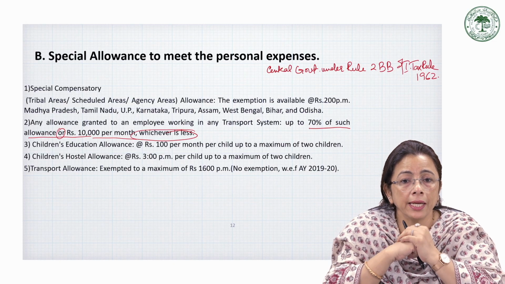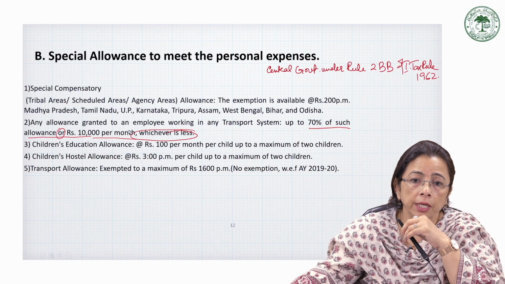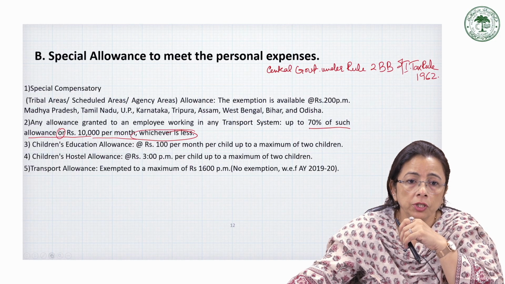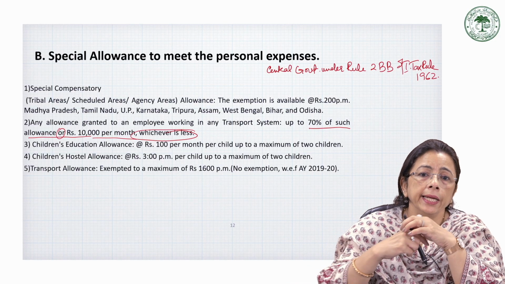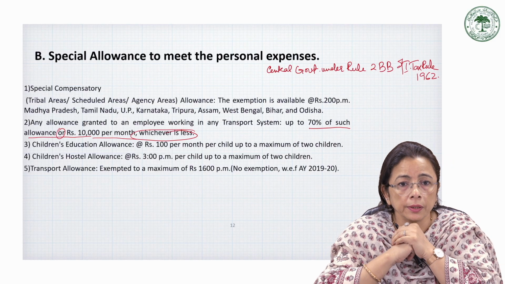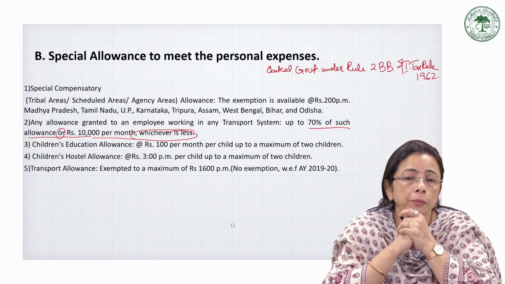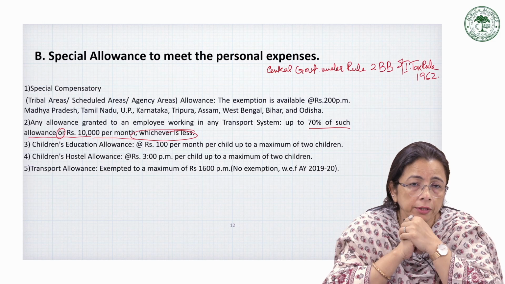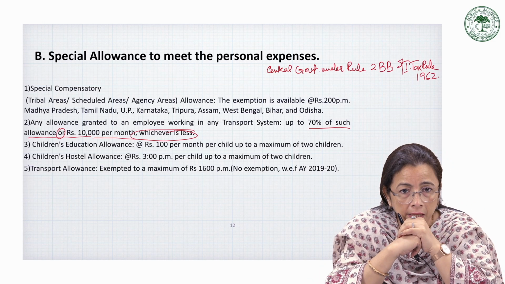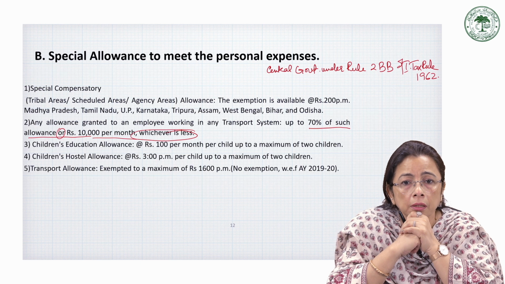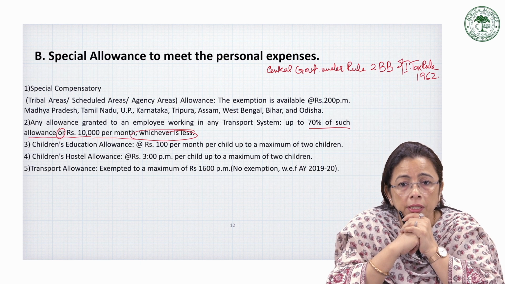So this allowance helps employees to meet the education expenses of their children. As I said, the exemption limit is 100 rupees per month per child, and it is up to 2 children. For example, suppose an employee with 2 children is receiving 500 per month as children education allowance for each child.